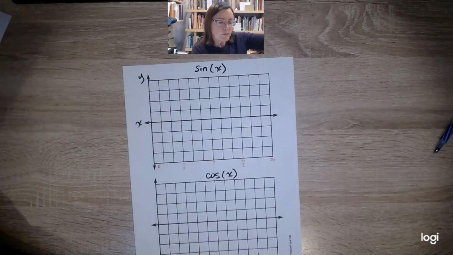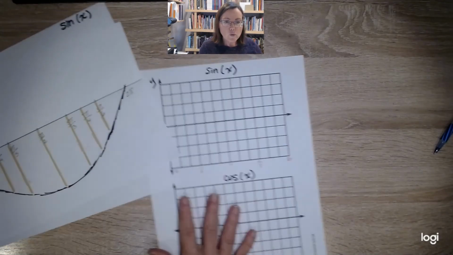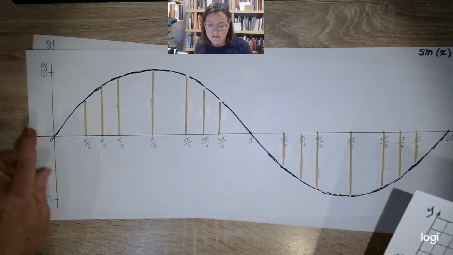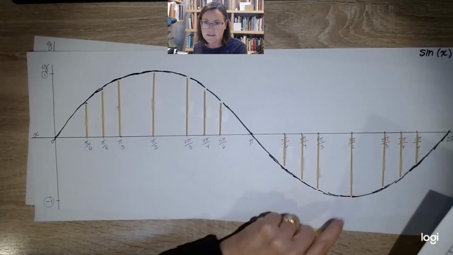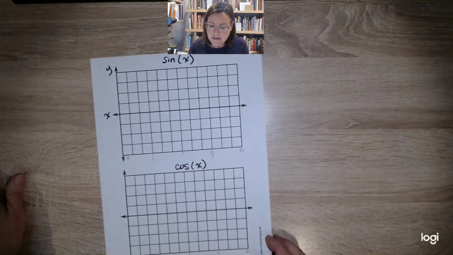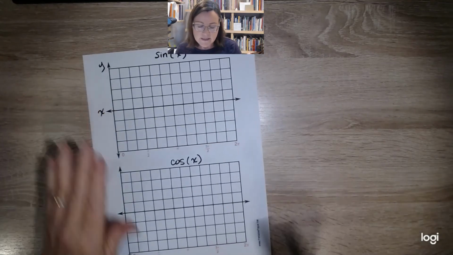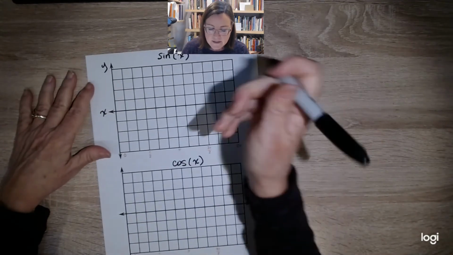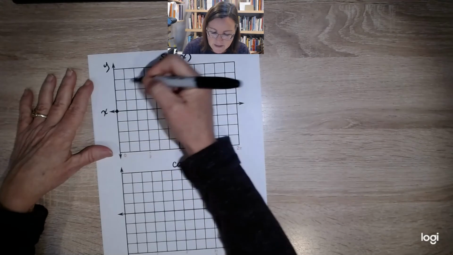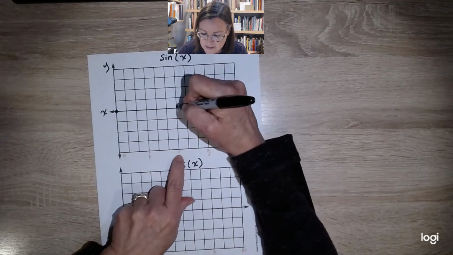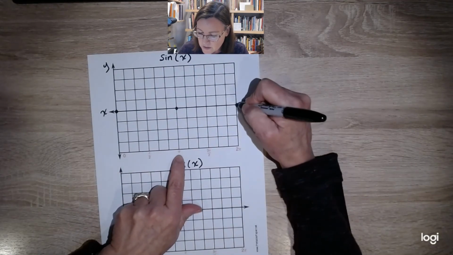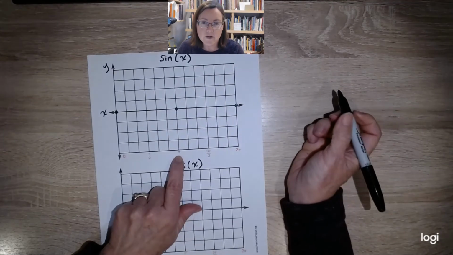And again, when we do these, we think in terms of the zeros and the maxes and the mins. So I'm going to take that into account: sine's zeros are at 0, pi, and 2 pi.